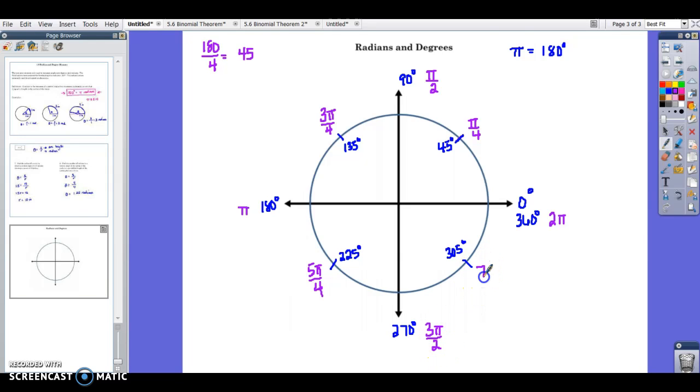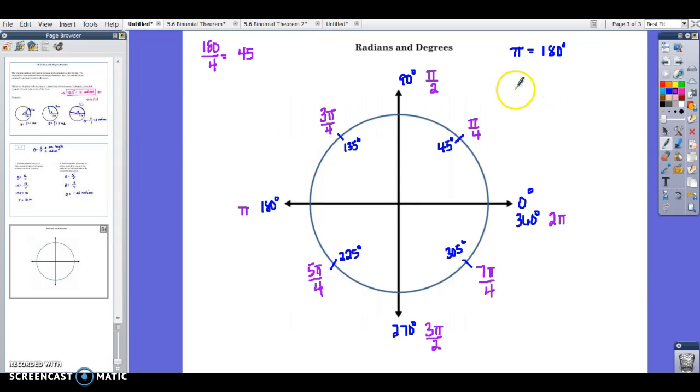Add another pi over 4, that's 7 pi over 4. Add another pi over 4 would bring me to 8 pi over 4, which reduces to 2 pi. So we can easily take an angle measure and convert it from degrees into radians very easily.